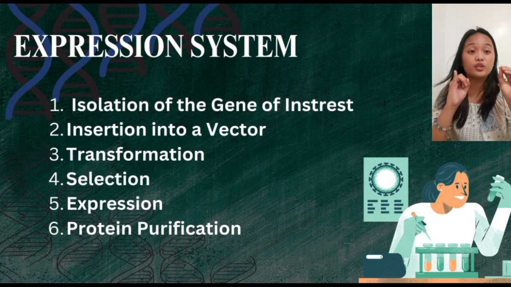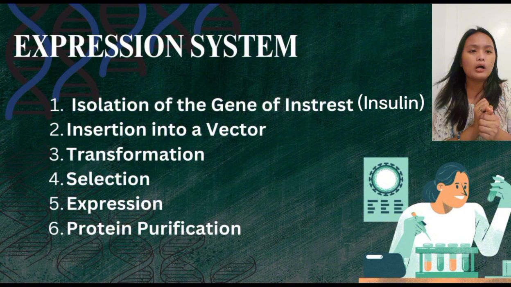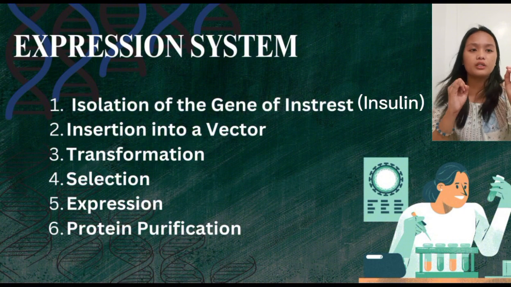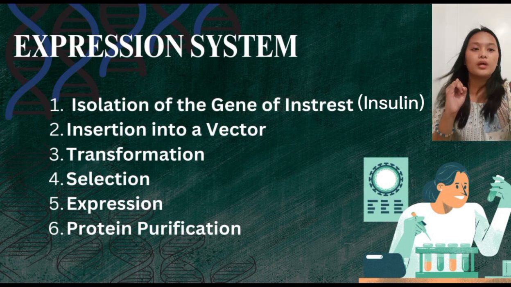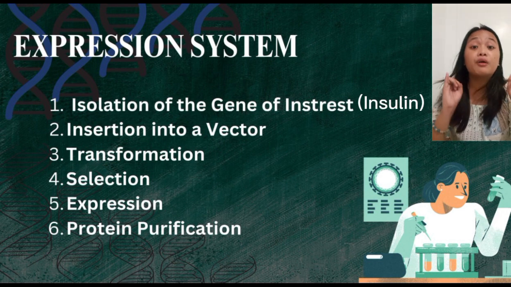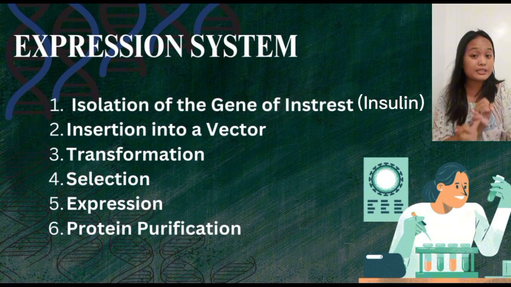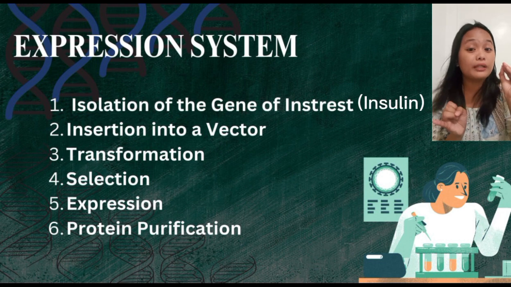Let's say insulin is the gene we chose. So insulin is identified and isolated from human DNA. So in step 1, we isolate the insulin.